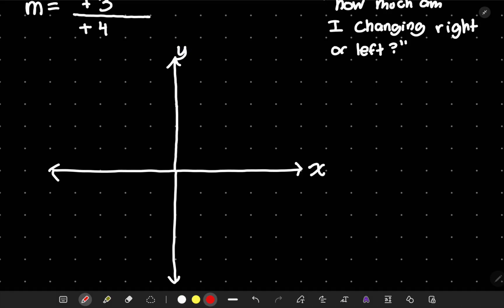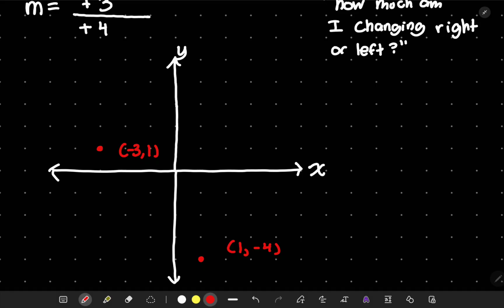This time I'm going to graph a point here at negative 3, comma 1. And then let's plot another one here. We're going to do 1, negative 4.